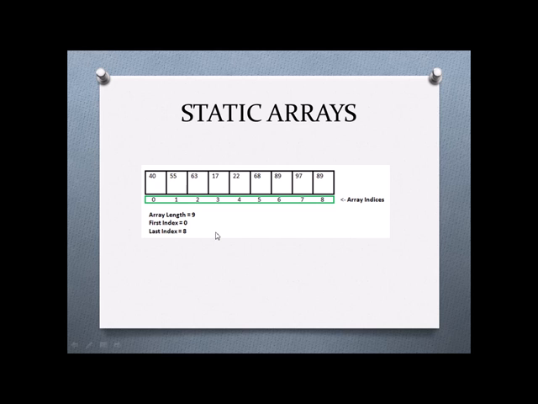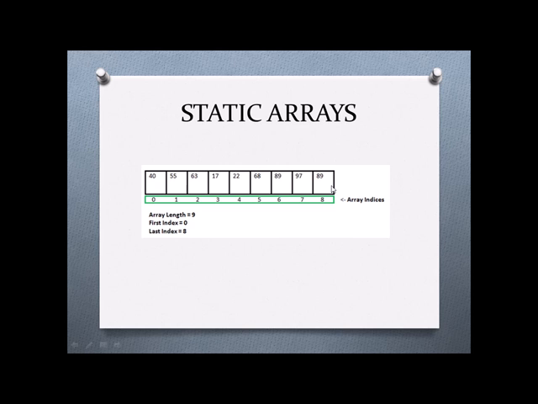The size of the array over here is 9. If you want to store more values, you need to change the size: you delete this array, create another array with a larger size, then store the values and add the 10th value to it. That's how you deal with static arrays.